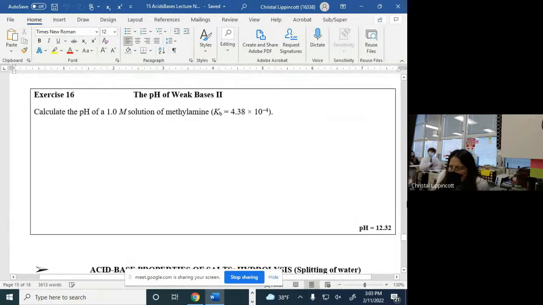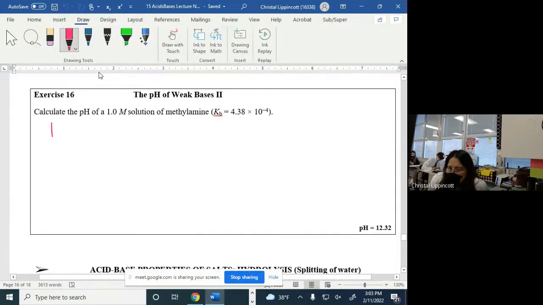All right, I believe this is where you start, right? Yes. Okay. When we're calculating these, this is giving us methylamine, okay? So this is a weak base.